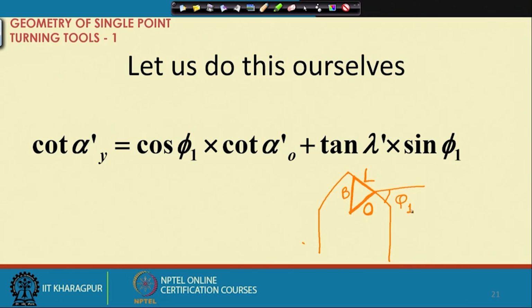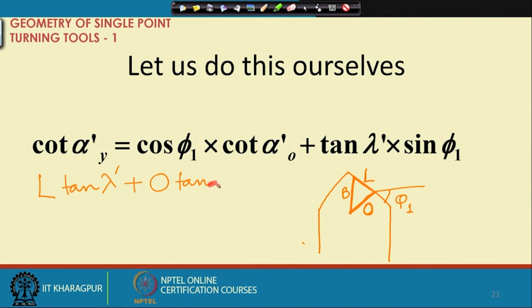So, in that case, let us quickly write the relationship that we can establish. L tan lambda dash, we have gone down this way, now we will go down this way, plus O tan, what do you call it, tan, I am sorry, what is this?